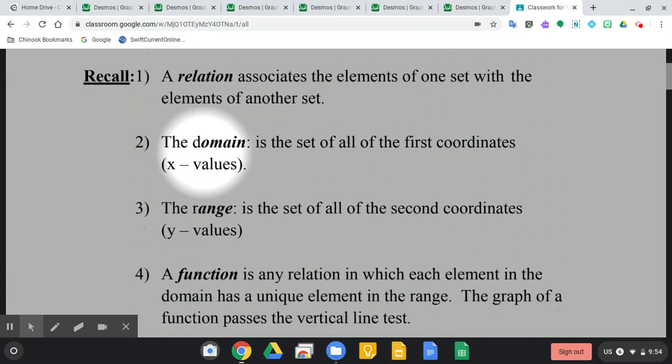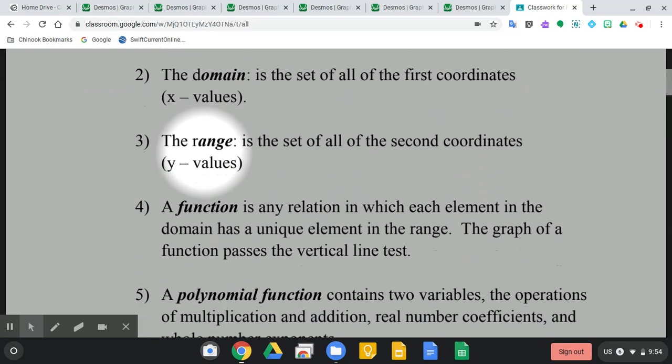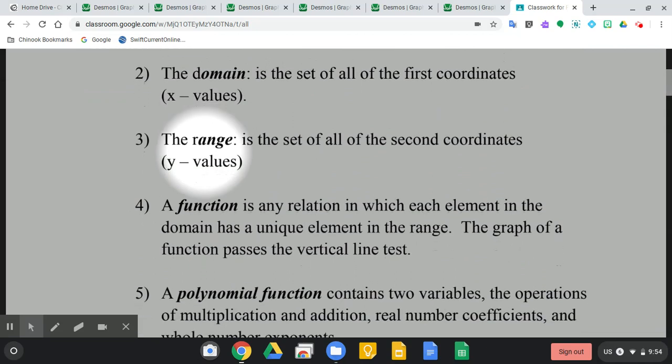The domain is the set of all the first coordinates, or the x values from our relationship. And the range is the set of all the second coordinates, or y values, from our relationship.